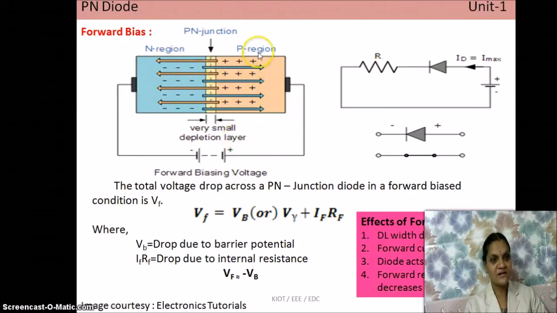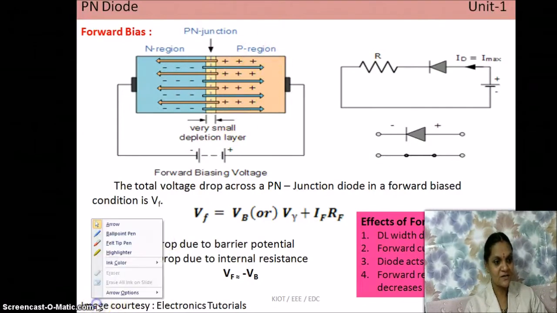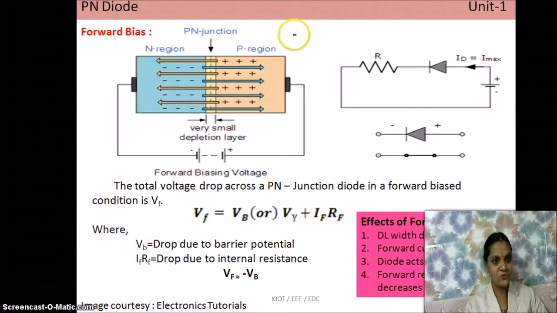Normally the current is flowing from the anode terminal towards the cathode terminal. See here, current is flowing from anode terminal towards the cathode terminal. So is this current by holes or electrons? This current direction is the same as that of the orange arrowhead.